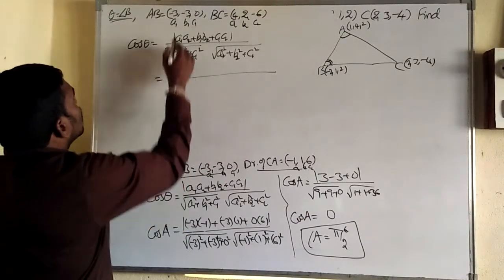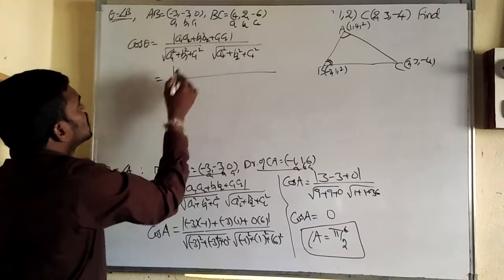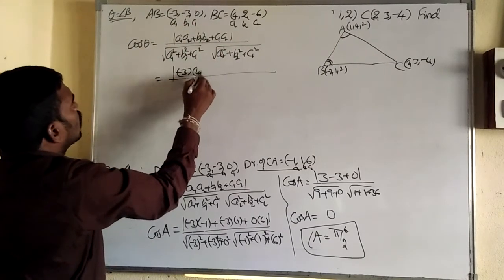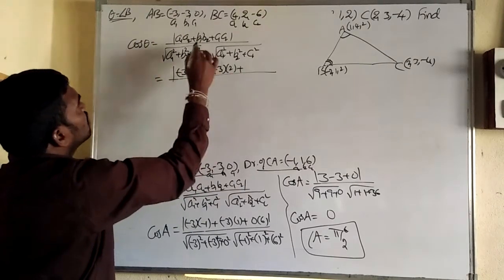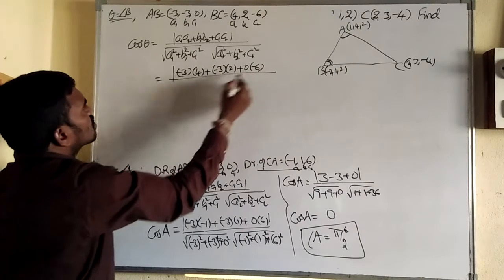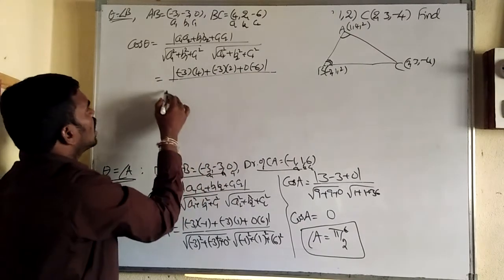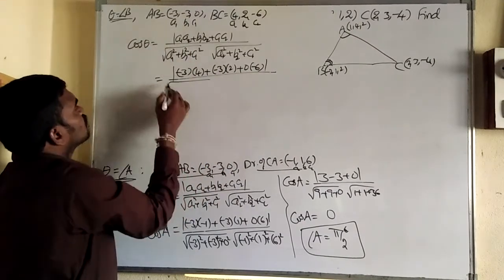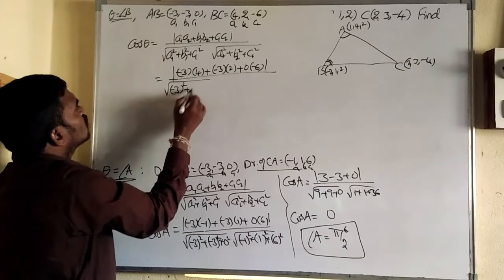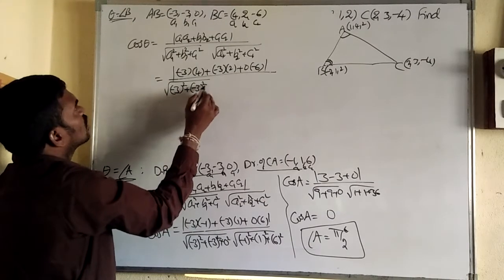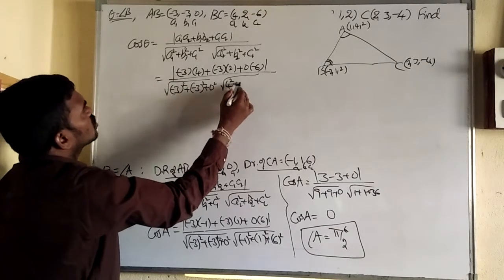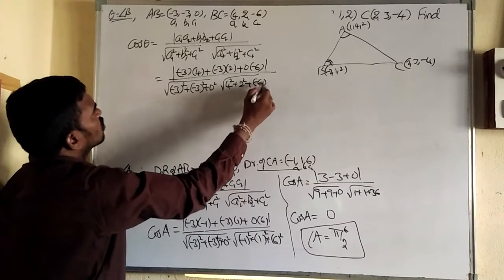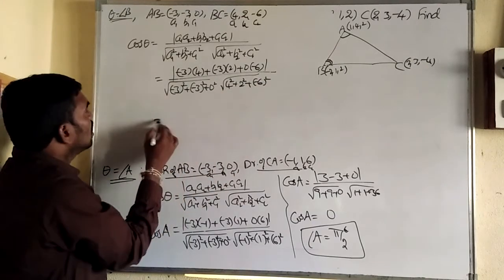This is A1 into A2, meaning minus 3 into 4, plus B1 into B2, meaning minus 3 into 2, plus C1 into C2, 0 into minus 6, modulus, by root of A1 square, minus 3 whole square, plus B1 square, minus 3 whole square, plus C1 square, 0 square, into root of A2 square, 4 square, B2 square, 2 square, C2 square, minus 6 whole square. Simplify this, we can get the angle B also.